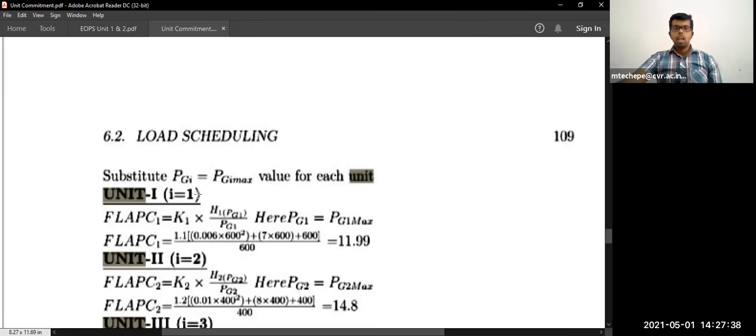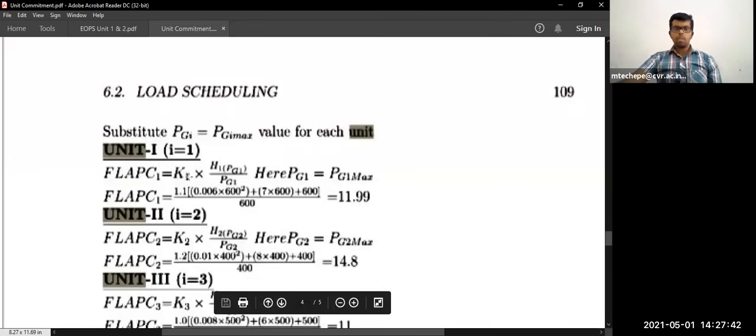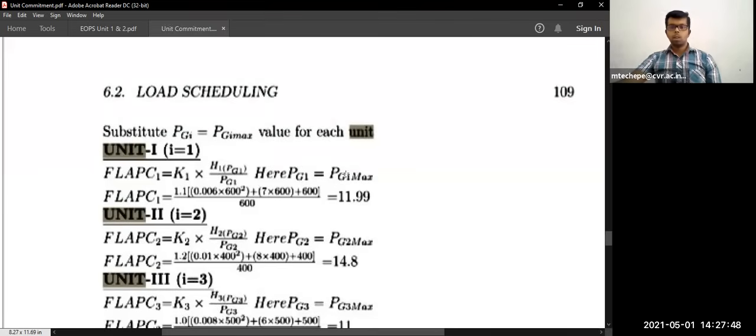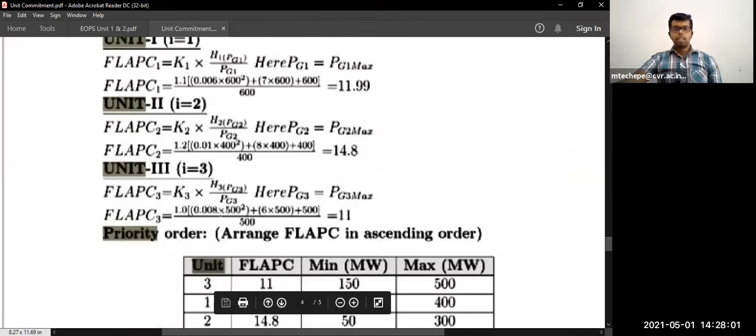Here you substitute i = 1, 2, and 3, with PGi equal to the given PGi maximum value. After substituting, you will get FLAPC 1, FLAPC 2, and FLAPC 3.